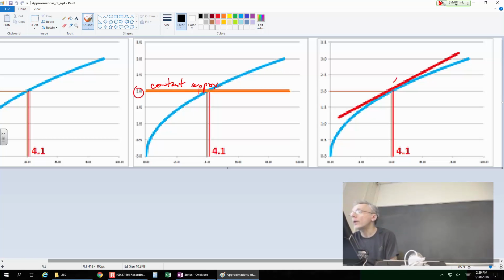Or I go with a linear approximation. Even though both of them are lines, this special line on the left is constant. On the right there is no orange line anymore, and from the tangent line I'm going to the left, and slightly above 2 will be my approximation, which is better.